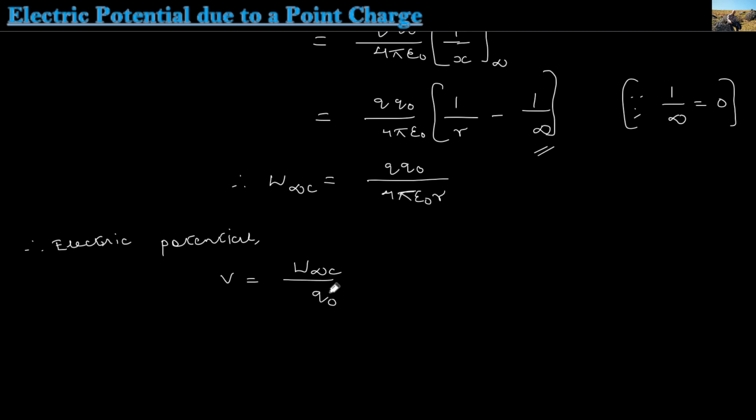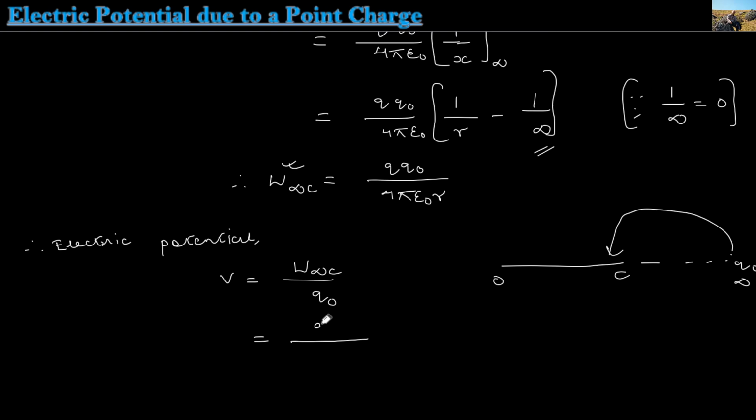We are bringing that test charge q naught, located at infinity, up to that point C. So we put in the expression for W from infinity to C.